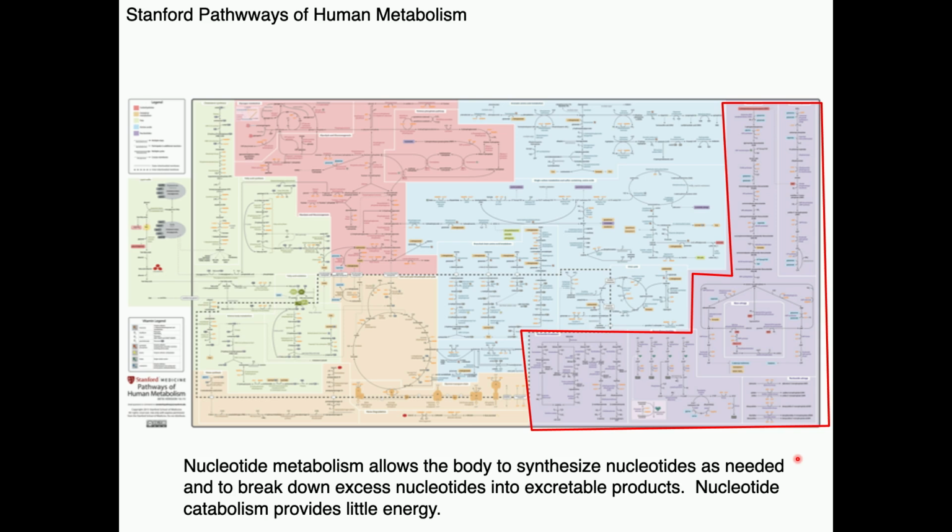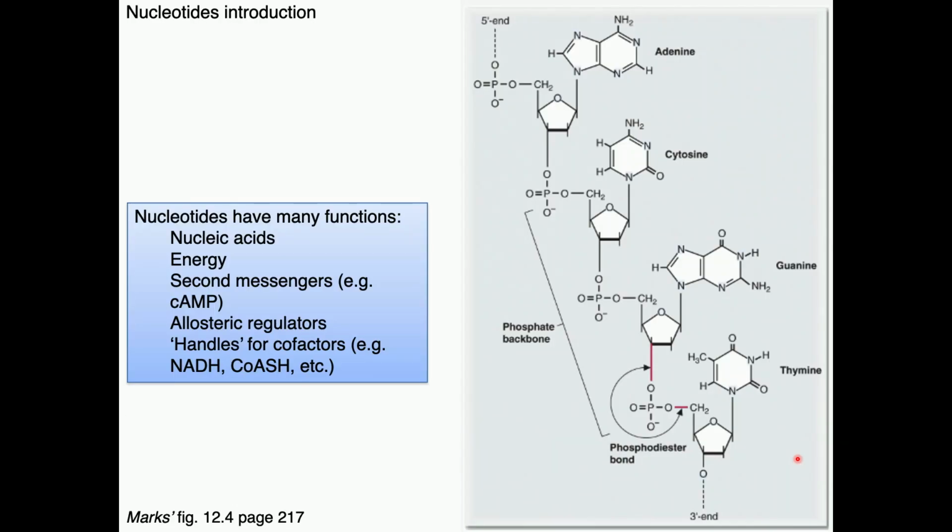All right, so what is a nucleotide? Functionally, nucleotides have diverse functions. We know that they're the subunits that make up nucleic acids, RNA and DNA, but they have a lot of other functions. Cyclic AMP is a second messenger. Isocitrate dehydrogenase, for example, can get activated by ADP, so they're regulatory molecules.